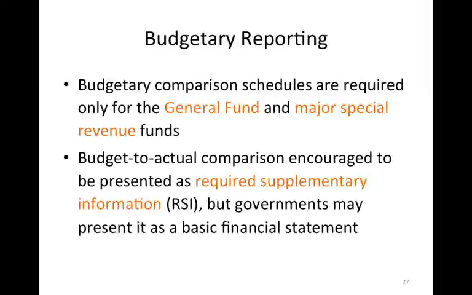You're also going to want to take a look at budgets, and I'll spend a little time now reviewing budgetary comparison schedules, or as some governments may present them as a basic financial statement, a budgetary comparison statement. But a lot of the valuable budgetary information obviously isn't going to be in the CAFR, it's going to be in the budget. So you're going to need to look at government budgets to get a sense of what's going on there.